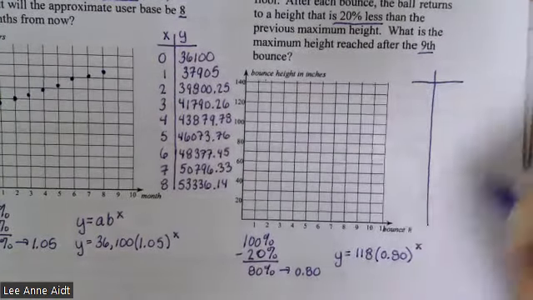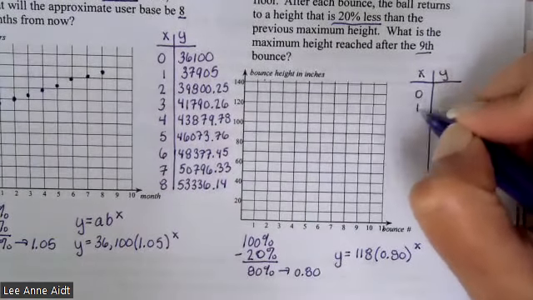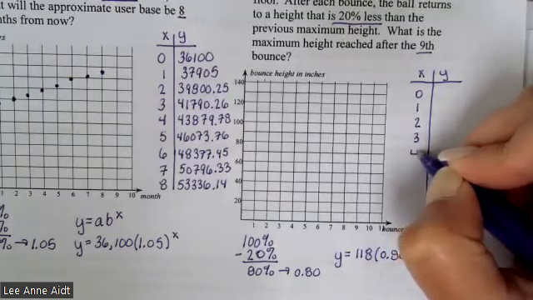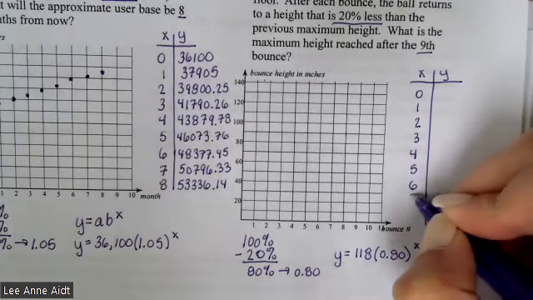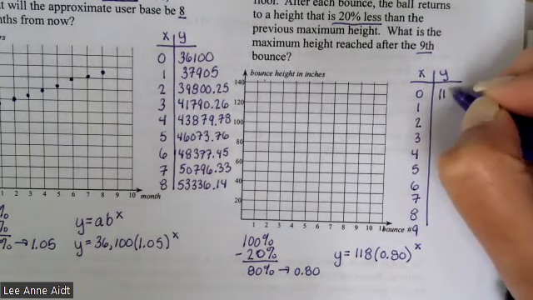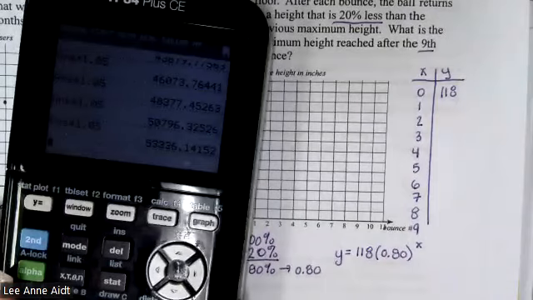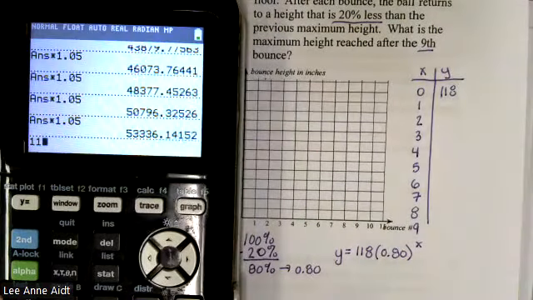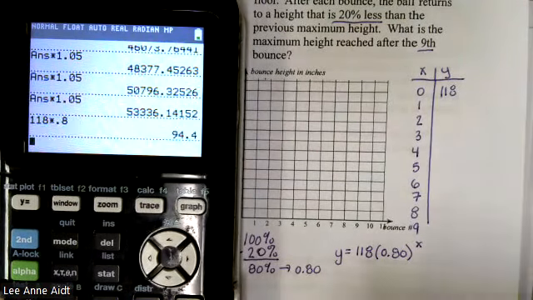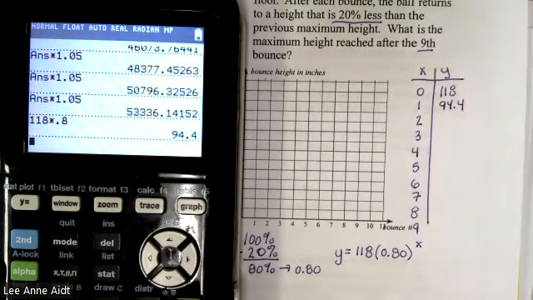Ninth bounce, geez. Okay. 118 times 0.8. Maybe we'll get a better curve shape out of this one.